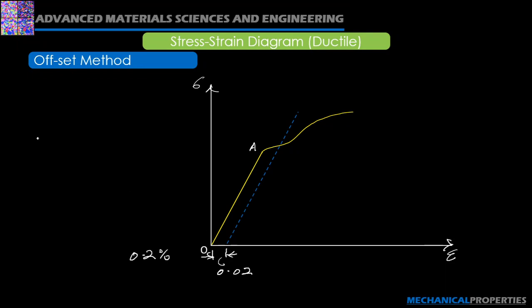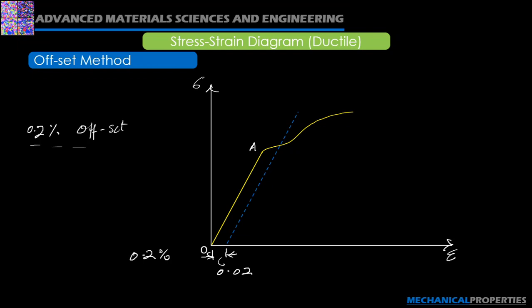So this 0.2% is in fact the offset. We can set any value between 0.1 to 0.5% depending on the situation. Here we use 0.2% as the offset.